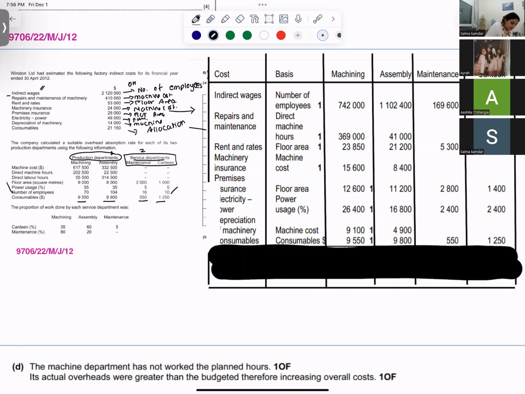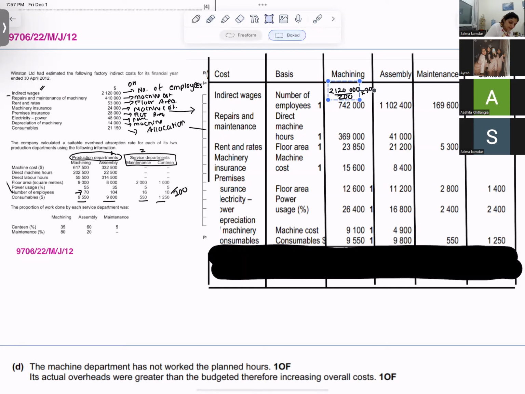So you have 200, right? So you will do 20,000 divided by 200 into 70 for the machining department because the number of employees in machining is 70.